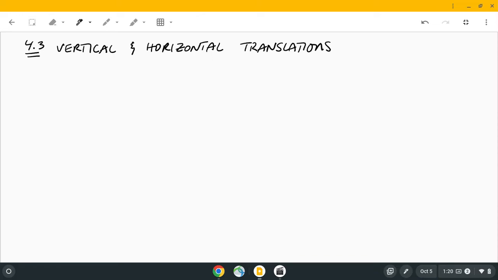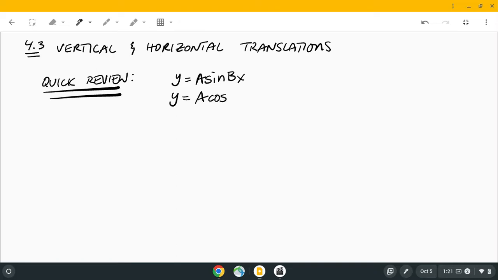Before we get into that, let's do a quick review on 4.2, where we looked at y equals a sine bx, or y equals a cosine bx.